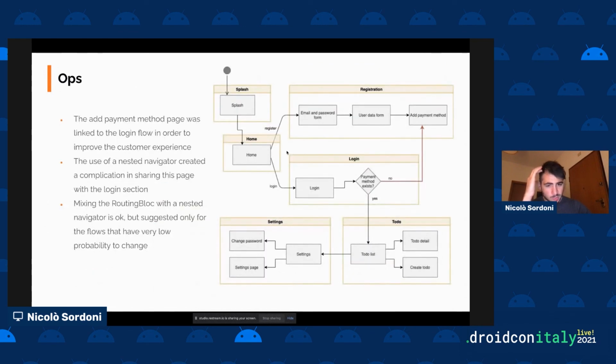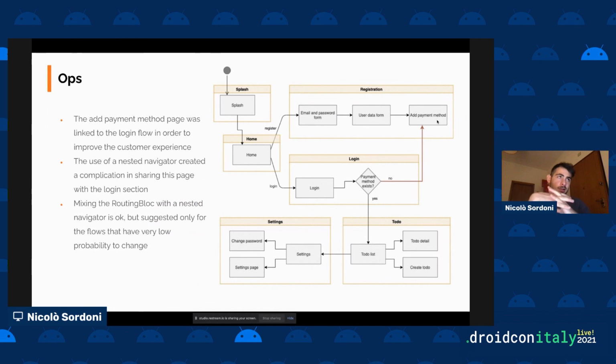Actually, it wasn't for us. Because what happened was that we studied the application with our customer, and we decided together that for the user it was better to make an update. When the login operation succeeded, we checked whether the user already had a payment method, and if it had no payment method, we go to the add payment method page.